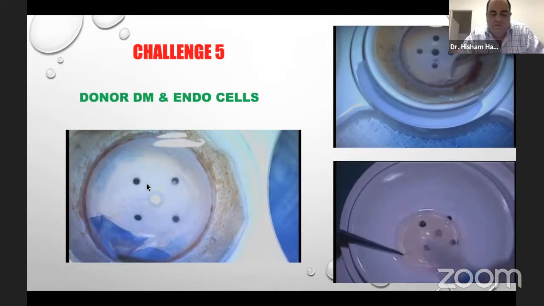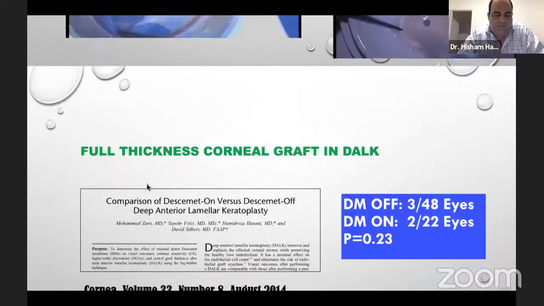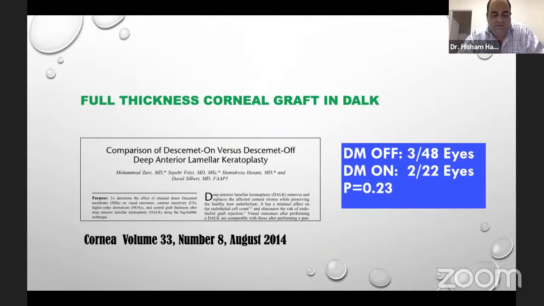In this situation, you may do a piecemeal removal or simply rub the endothelial cells dead. An interesting paper published in Cornea Journal in 2014 found a non-significant difference in Descemet's membrane non-attachment rate after DALC, comparing grafts with Descemet membrane on versus those grafts with Descemet membrane off.